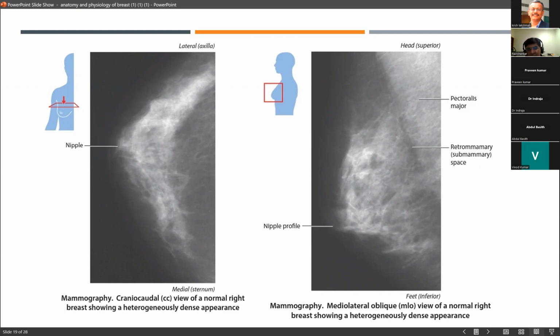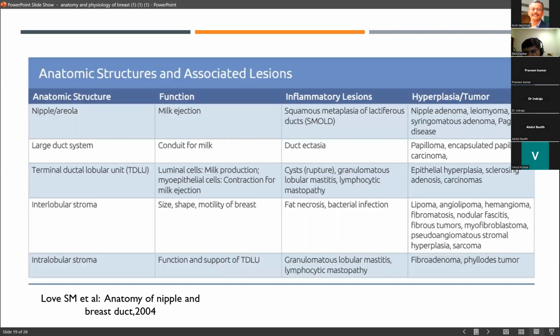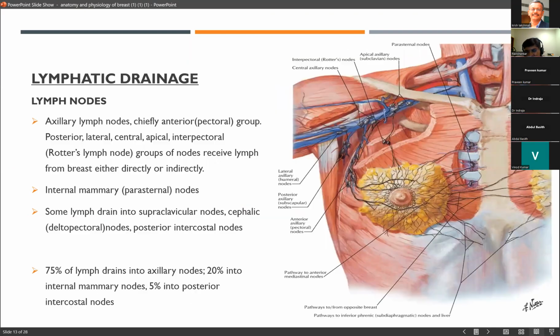Okay, I think you have covered the anatomy well. There is one thing that I wanted to add. Though you are almost correct saying that the lymphatic drainage usually 70% goes to the axillary nodes and 30% to the internal mammary group, there is a significant amount of overlap also.